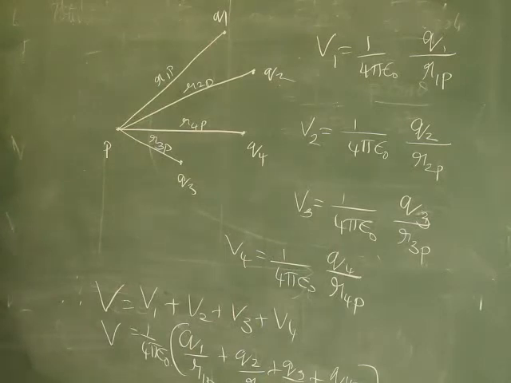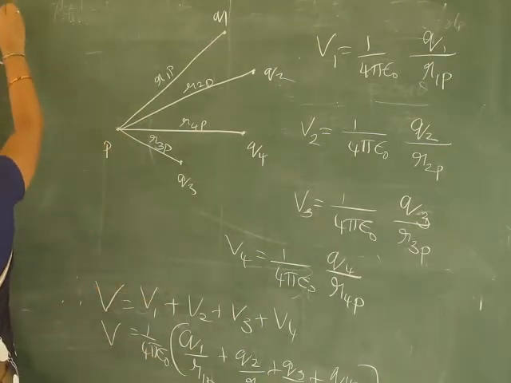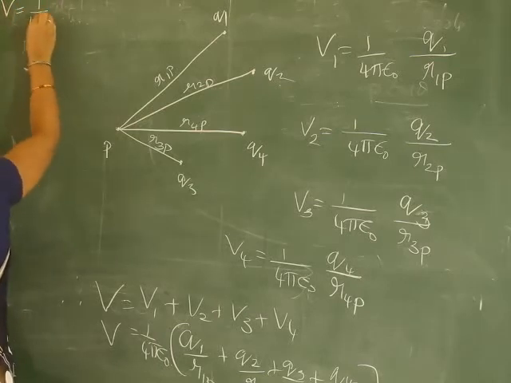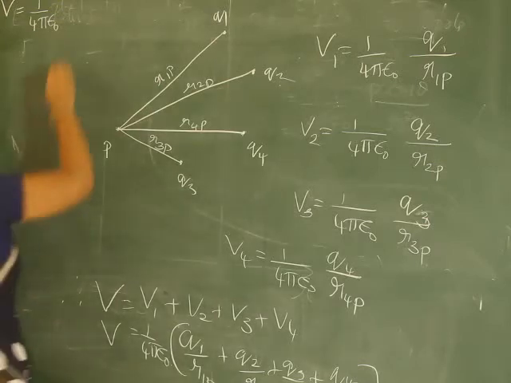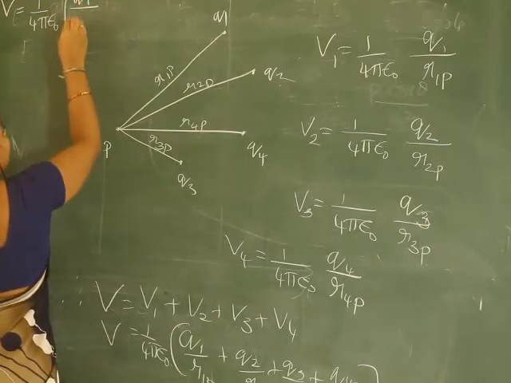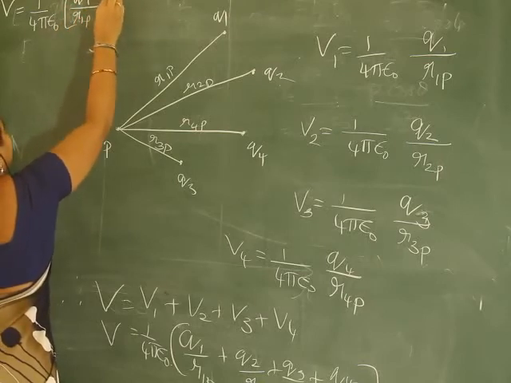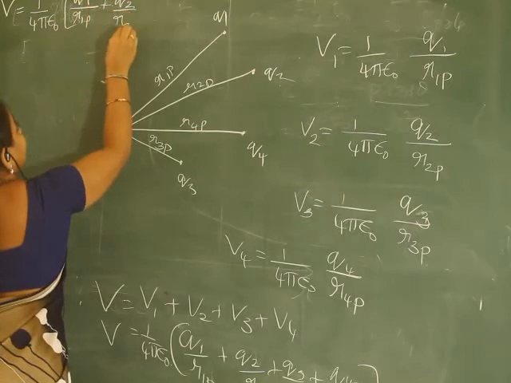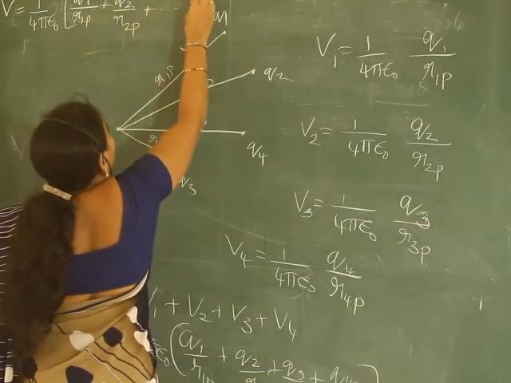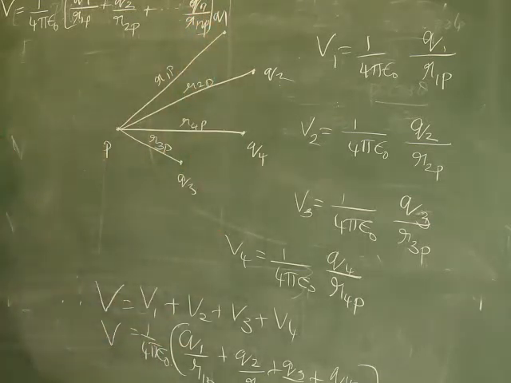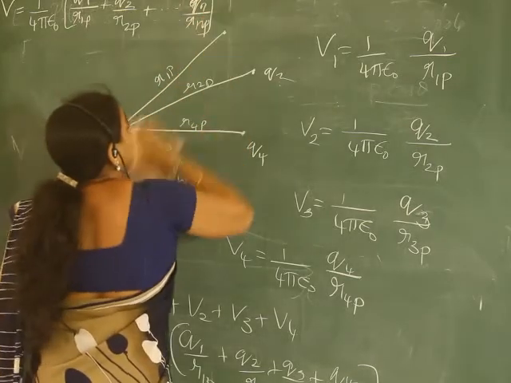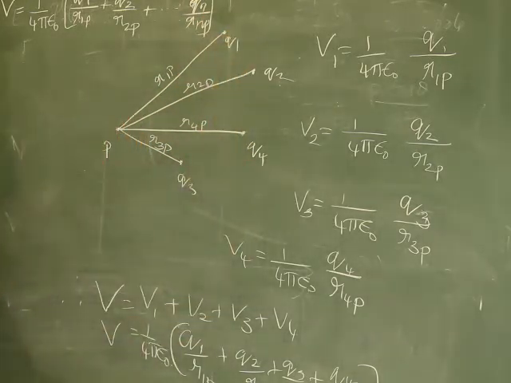Hence, if there are n charges, in general we can write V is equal to 1 by 4 pi epsilon naught, Q1 by R1P plus Q2 by R2P plus etc., Qn by RnP, for n charges. This expression is very important in solving problems.